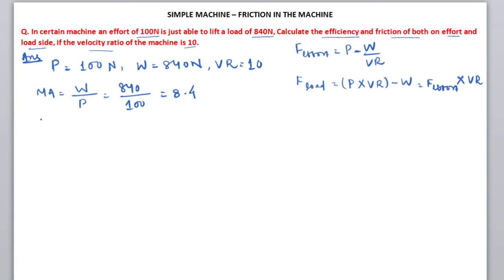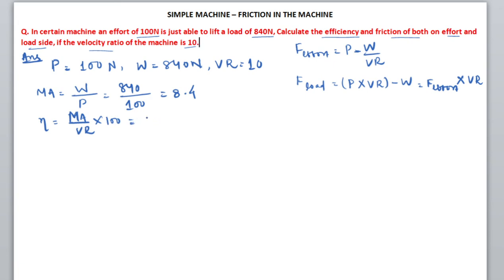Then in order to calculate the efficiency, we need to put the formula mechanical advantage by velocity ratio. If you are doing like this, you will get your efficiency in terms of decimal point, which always lies between 0 to 1. If you are multiplying by 100, you will get it in terms of percentage.